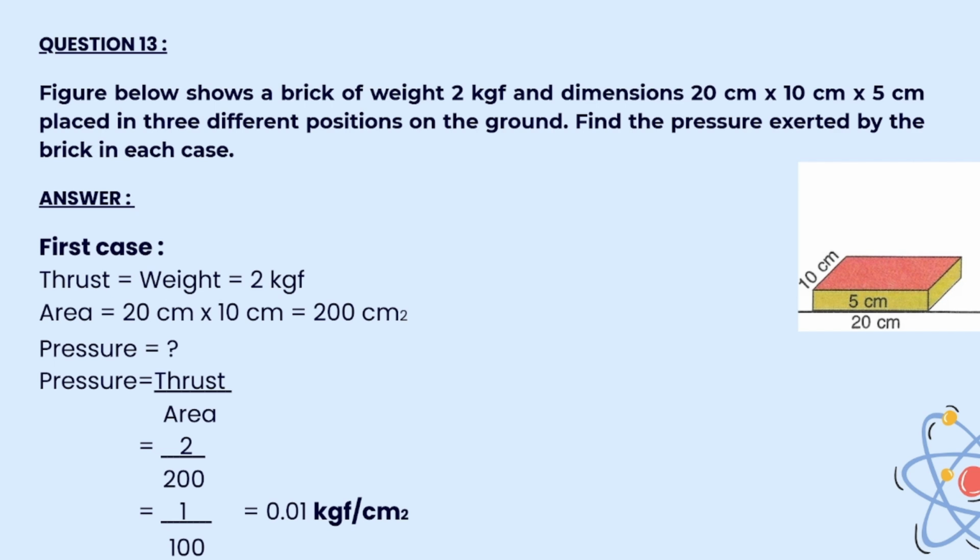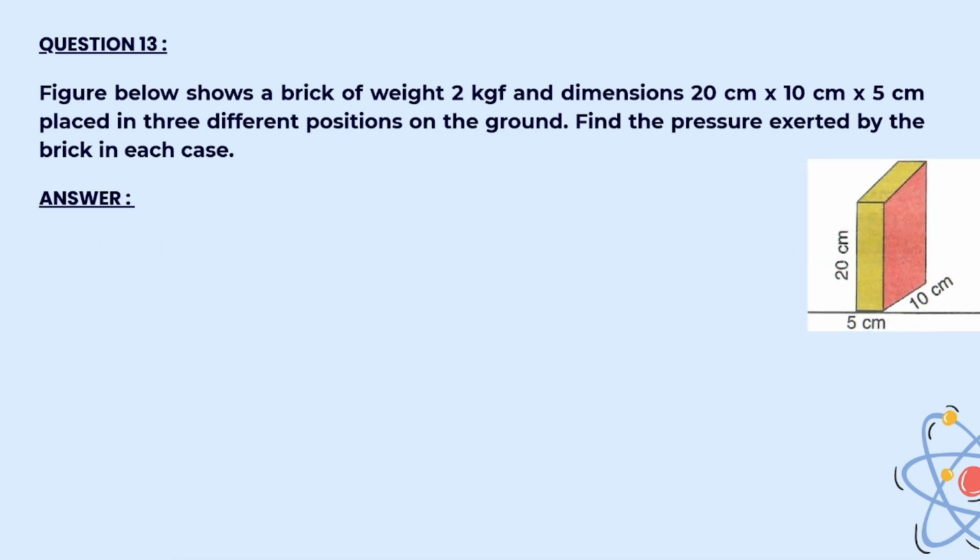Okay, got it. Now the second case. In the second case, tell me what will be the area. We know the thrust, that is weight, nothing but 2 kgf, which will be the same in all 3 cases. Tell me the area. Should I multiply 20 by 5, or 5 into 10, or 10 into 20? Be quick. Yes, the area which is touching the ground.